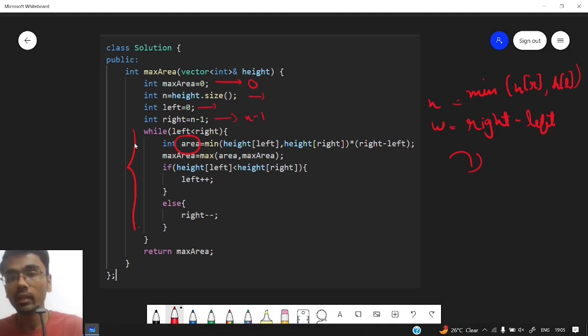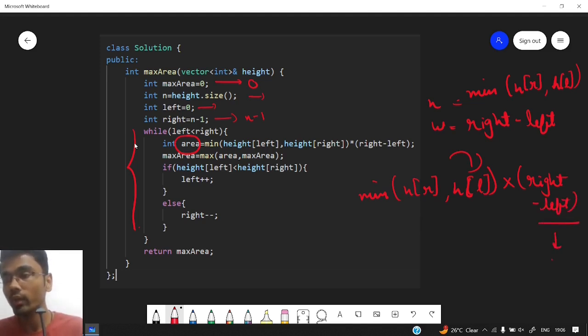So what will be the area? Area will be nothing but minimum of height of right pointer, comma, height of left pointer, cross right pointer minus left pointer. So we can say that this is width, this is height.